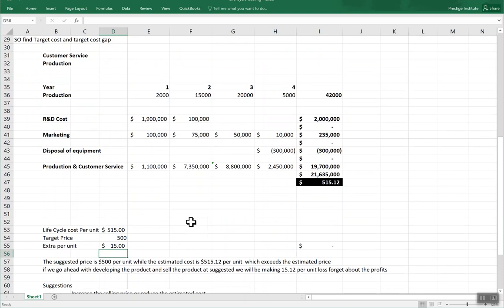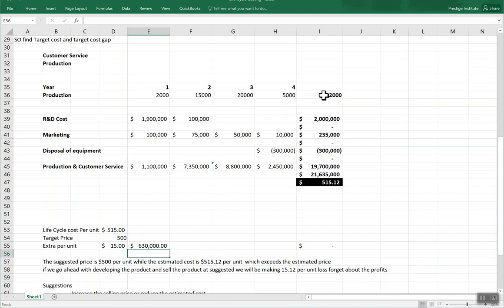So if we develop the product, we will not make profit, no question of profit. We will be spending $5 extra per unit, which means if we multiply by total units over entire life, we will be making about $30,000 loss over the entire life of the product.